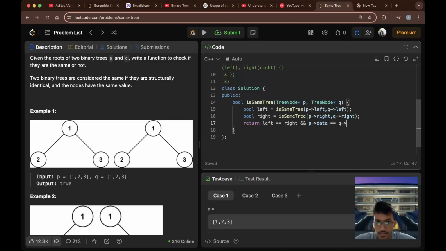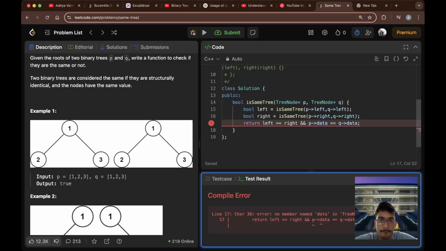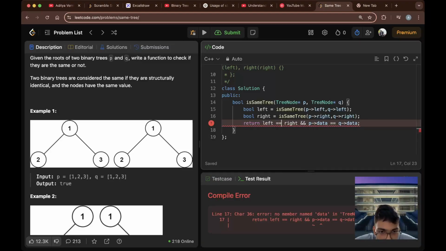Wait. Let's see. Value, I think. I can do it like this also.